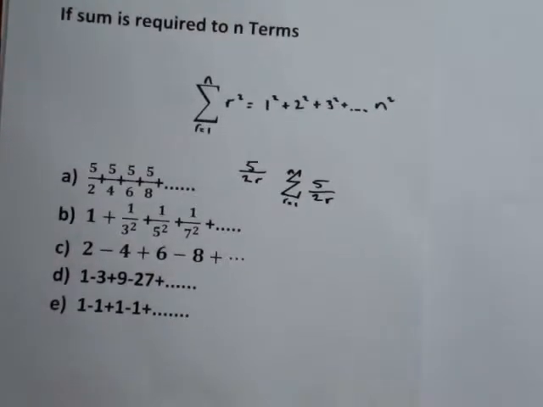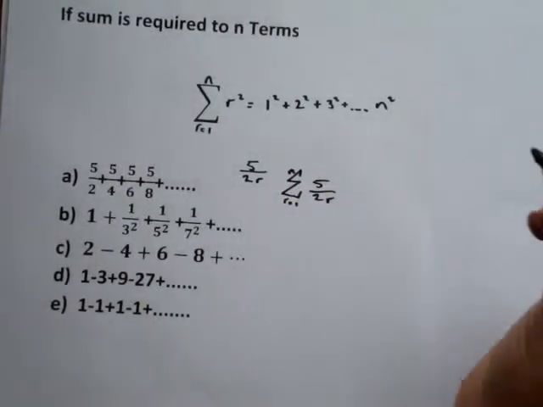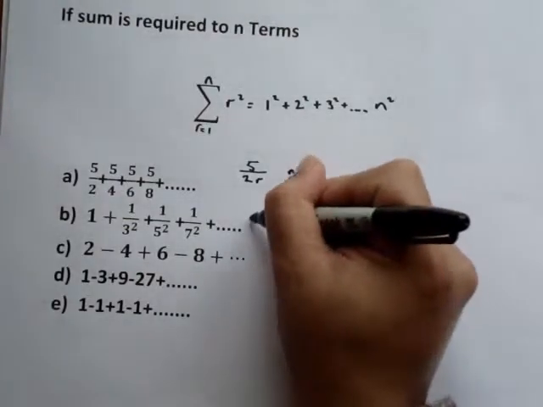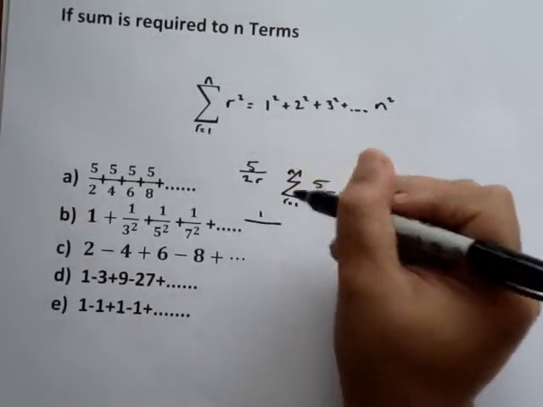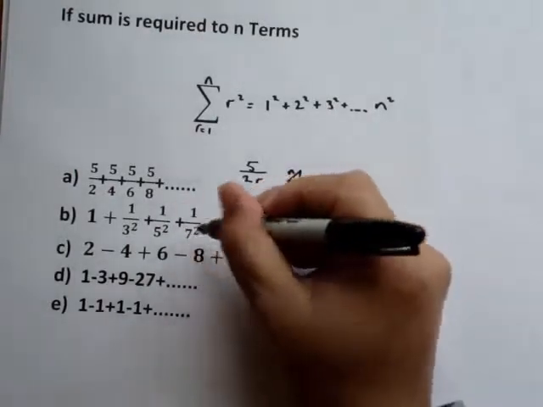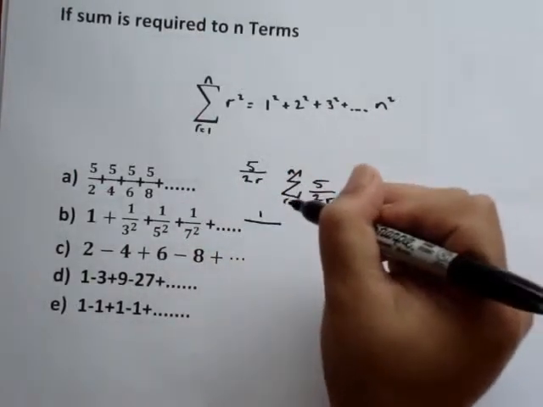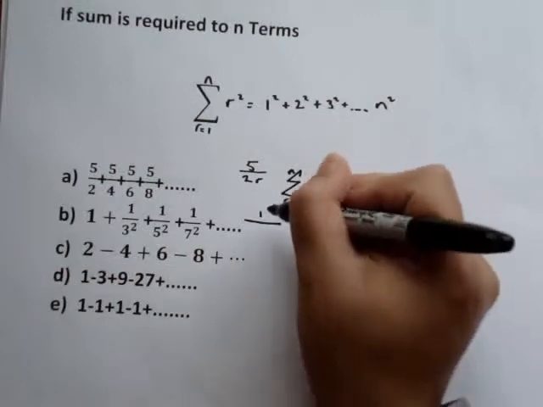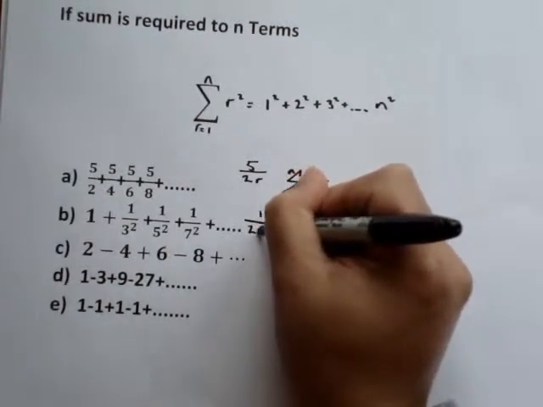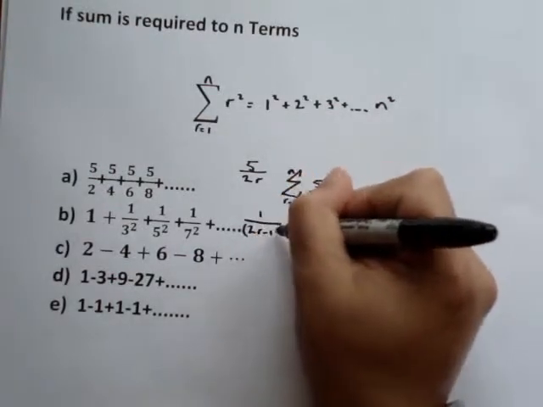And this one, 1 over 1 plus 1 over 3 squared plus 1 over 5 squared. The general term is 1 over, and we've got odd numbers underneath, which is 2r minus 1, and we're squaring them.